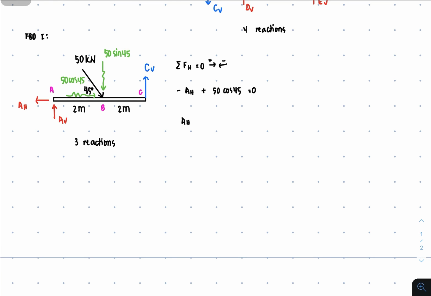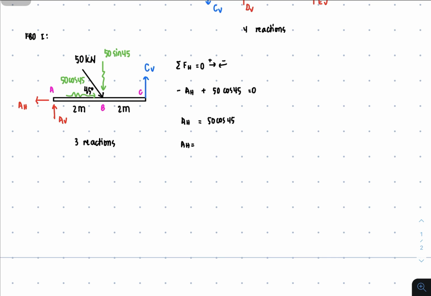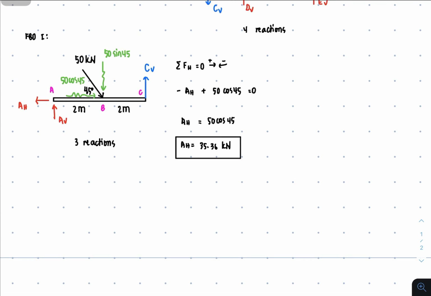So transfer AH to the other side, it will give us 50 cosine of 45. So AH now is equal to 50 cosine of 45. That's 35.36 kilonewtons. This is our reaction. So later on, we're gonna check whether our answers are correct or not, okay? And then next is, let's move it a little bit to the left.